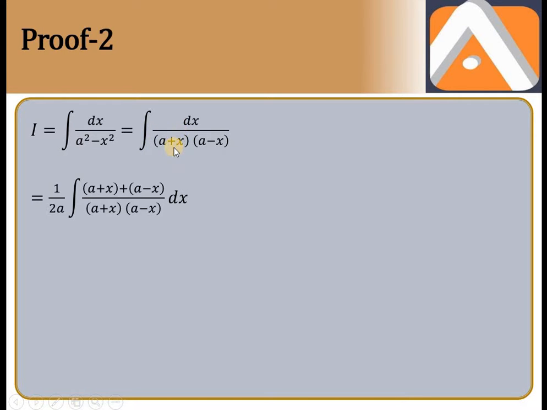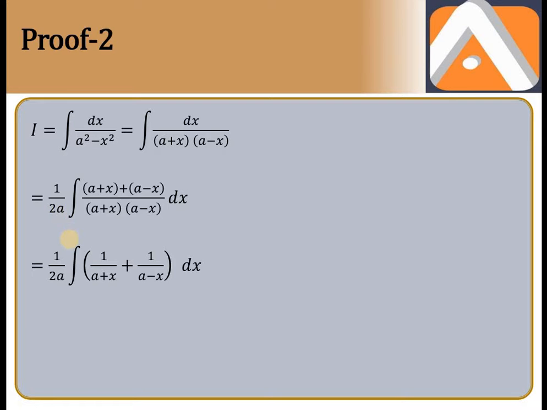So I am adding these two terms in the numerator: x will get cancelled, a plus a is 2a, and that 2a with 1 by 2a gets cancelled. So you will get this term. Actually this process is called partial fractions. Using partial fractions you can easily find this.